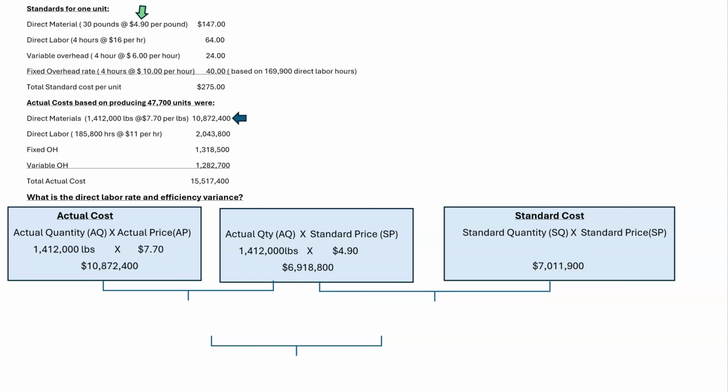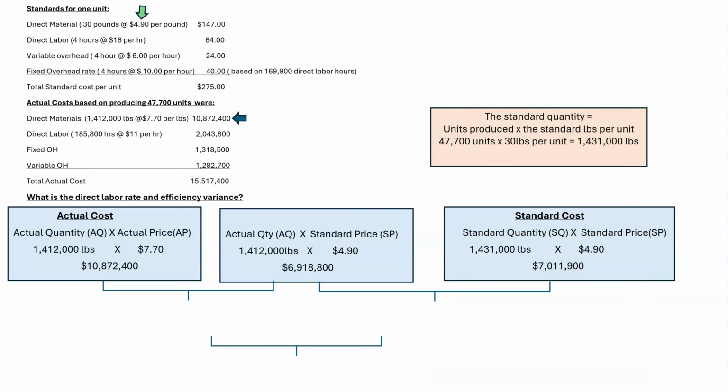Now this is going to be based on the standard quantity based on the units produced times the standard price. So to get that, we're going to take the number of units times 30 pounds per unit, and that gives us 1,431,000 pounds times 490, which is the standard. And we get 7,011,900.